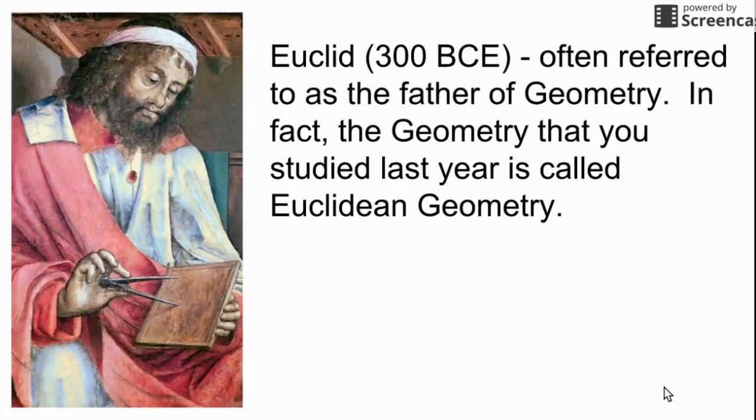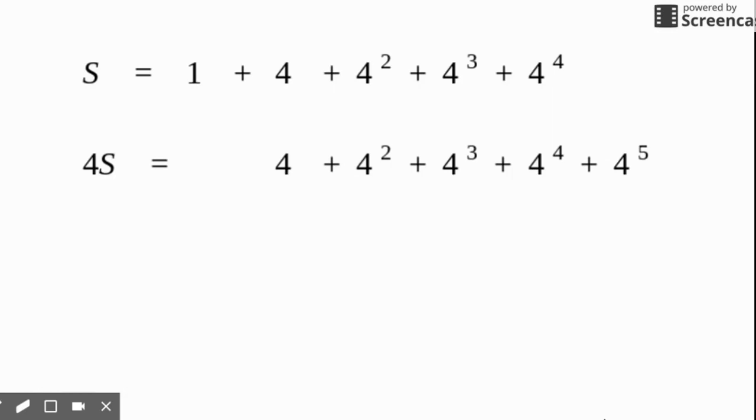For adding up the terms of a sequence where consecutive terms have the same ratio, we use the following method as described by Euclid. To find this sum, instead of writing the sum in the reverse order, we multiply the sum by the common ratio.